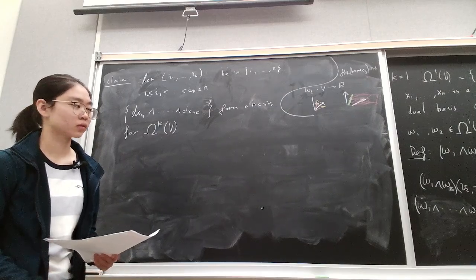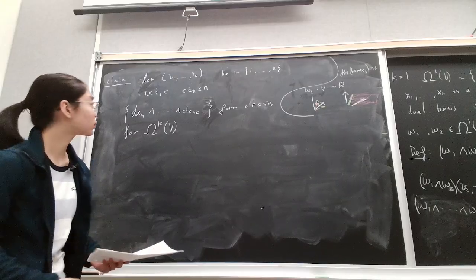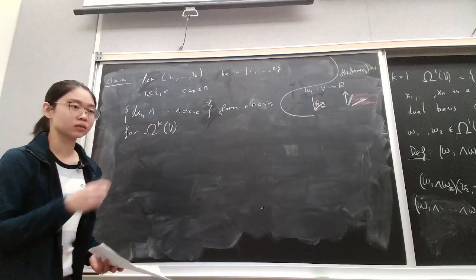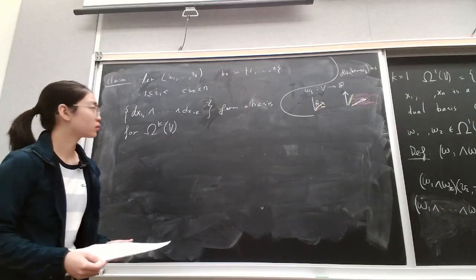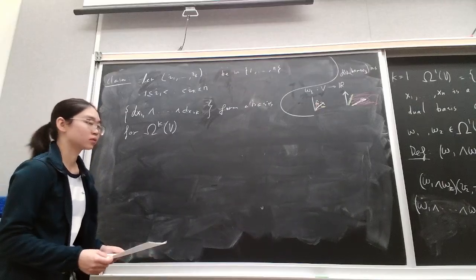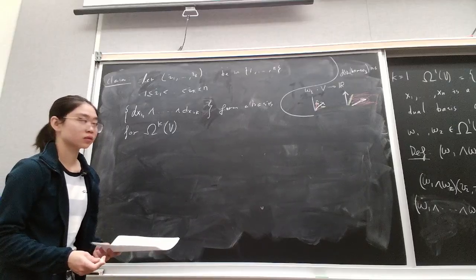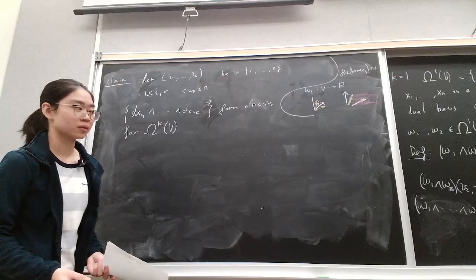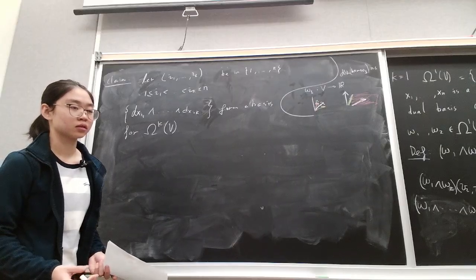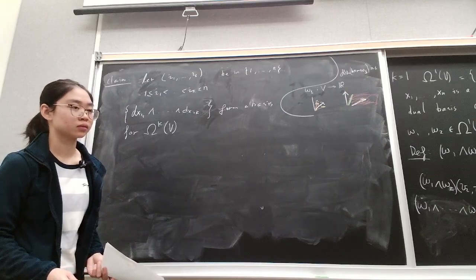And so here's where the choice of basis finally does come in. Given a choice of basis on V, we have an induced choice of basis on the linear functionals, which gives us a choice of basis on the k-dimensional forms. In principle, I could have chosen a completely non-orthonormal basis, and this whole procedure would have still gone through, because the requirement is just for things to be linear.